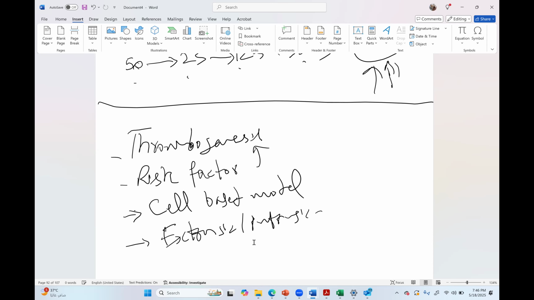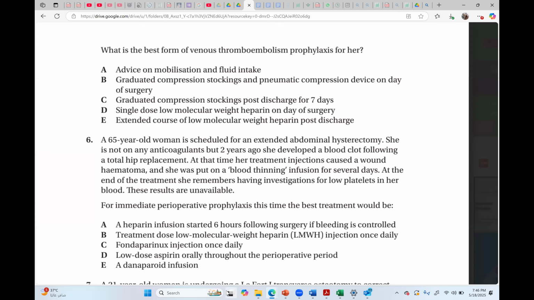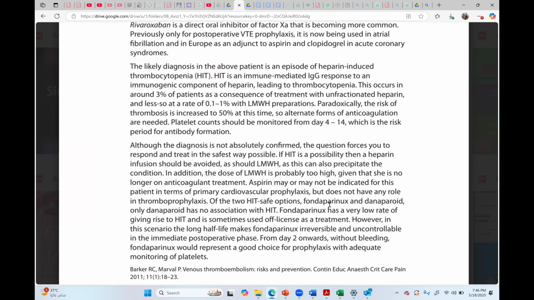And then you will go into details of various modalities, the physical and the pharmacological, and then different types of anticoagulants. So that's how we have to bring all the data together in one place, because this topic will come in different varieties. It's just a chance that two questions have come here simultaneously with the same topic.